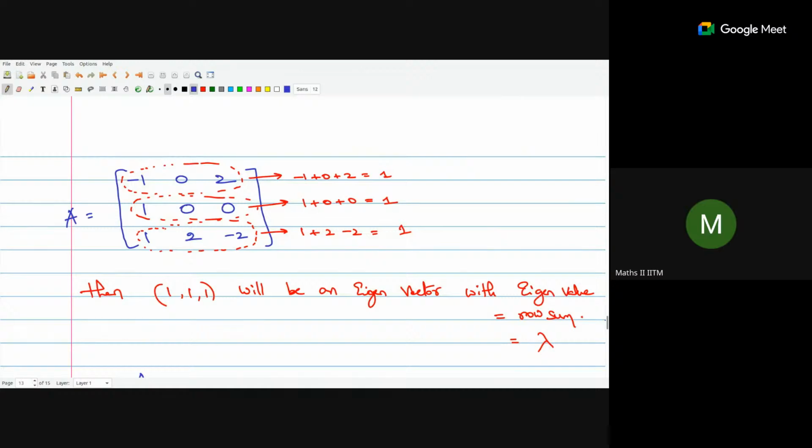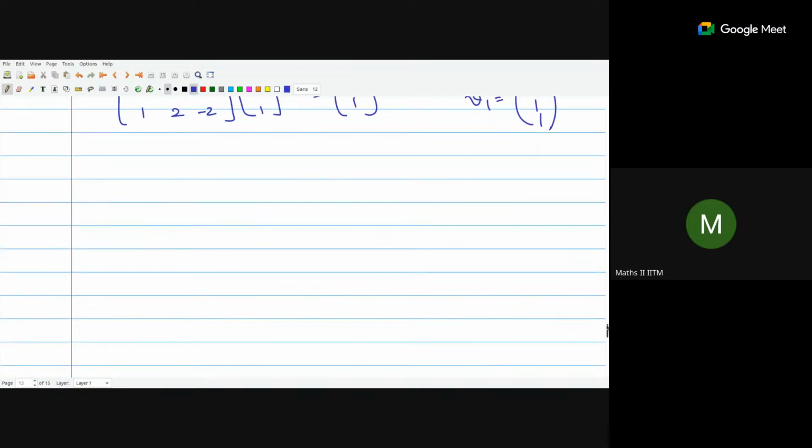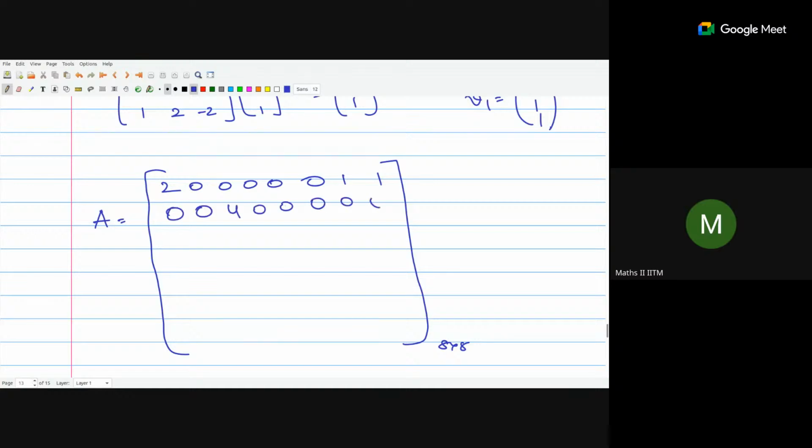You can take any complex matrix. Complex, I mean not simple. You take any big 8 cross 8 matrix, something like that. So you have 2, 0, 0, 0, 0, 0, 1, 2, 3, 4, 5, 6. Then you have 0, 0, 4, 0, 0, 0, 0, 0, and then 0, 1, 0, 1, 0, 1, 0, 1, where the row sum is equal to 4.